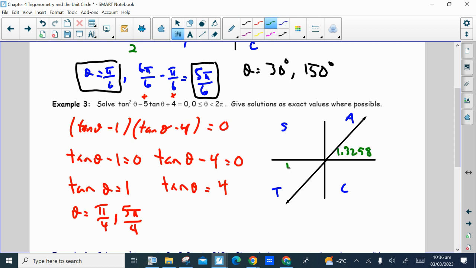That is the angle between the terminal arm and the x-axis. So our first answer will be that angle, 1.3258. The second one is that many radians past pi.